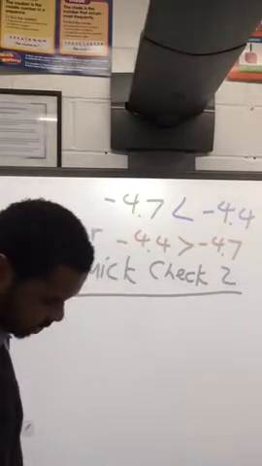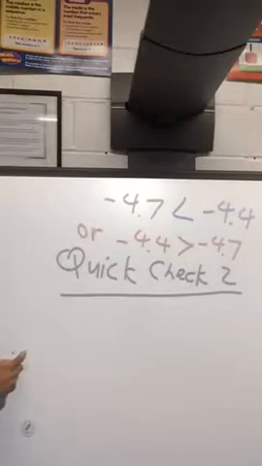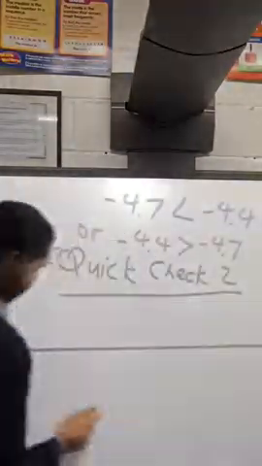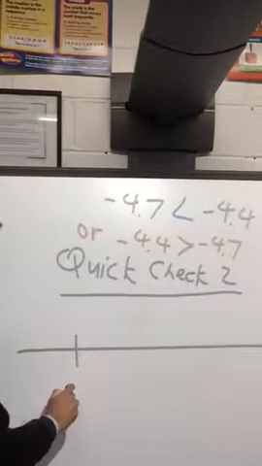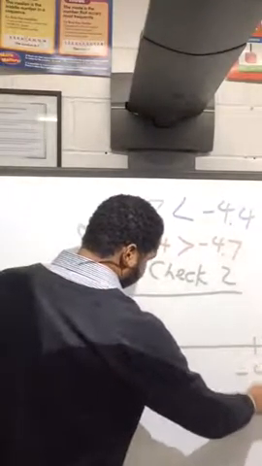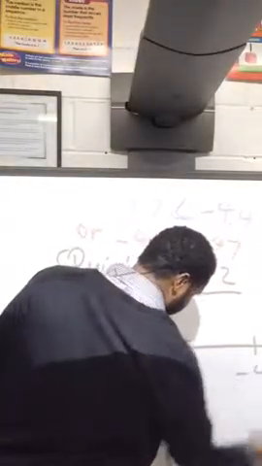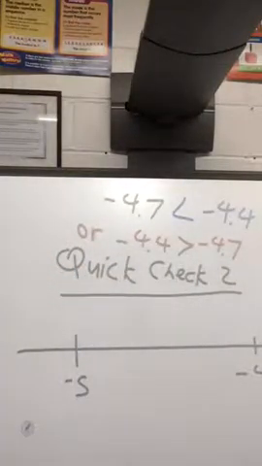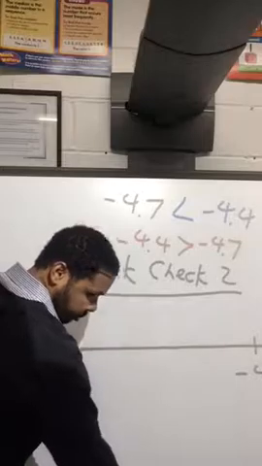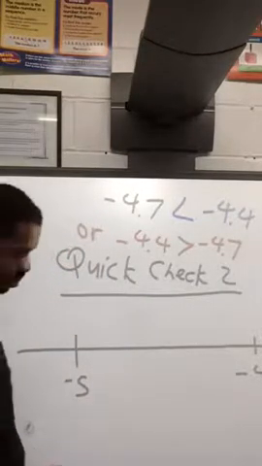All right, so they ask you now to compare, going back on the same number line. We're going to be using the same number line. Let me write this so you can see it. Negative 5 and negative 4. All right, same part of the number line. And now they're asking us to compare negative 4.2 and negative 4.9.